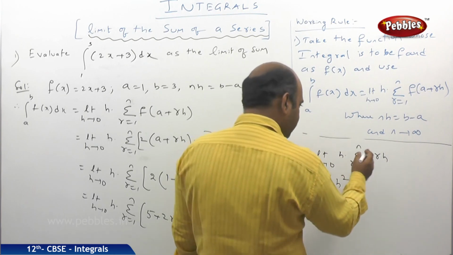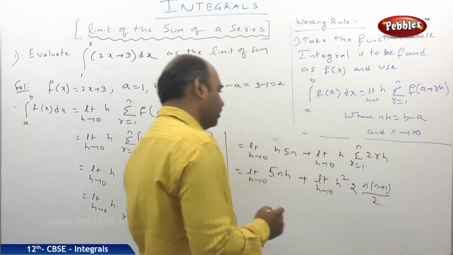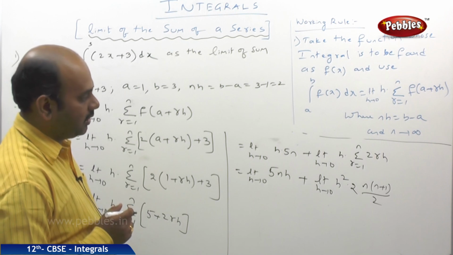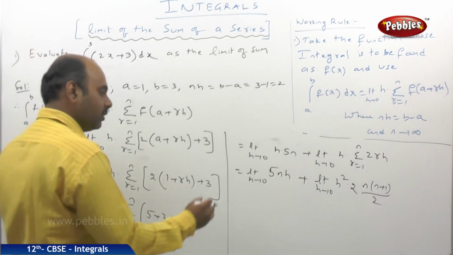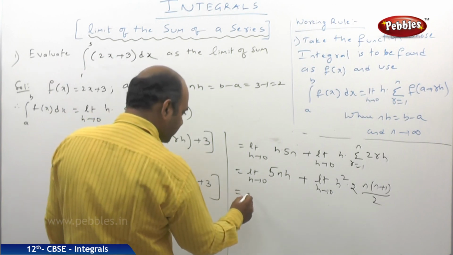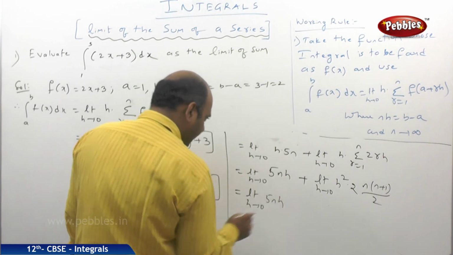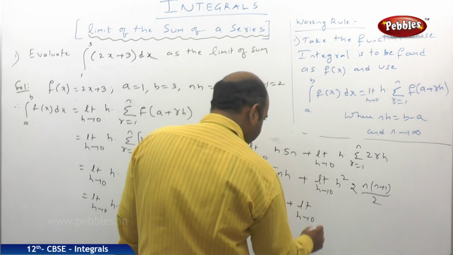Summation r equals 1 to n, r means n into (n plus 1) by 2. If you observe carefully, this particular h square can be distributed inside. So how I will be distributing: limit h tends to 0 of 5nh plus limit h tends to 0.